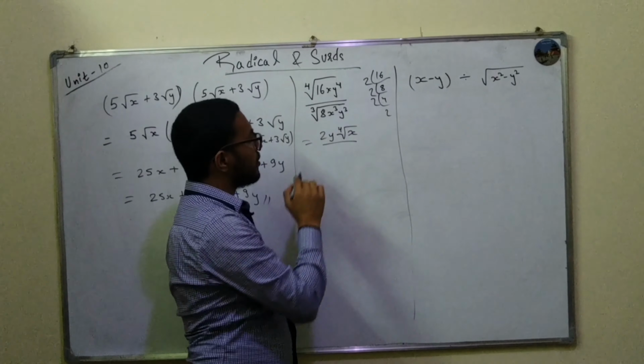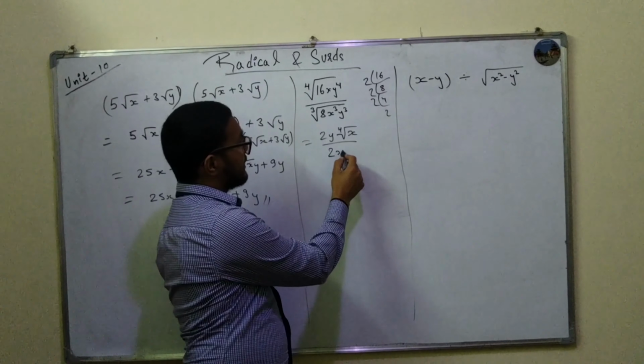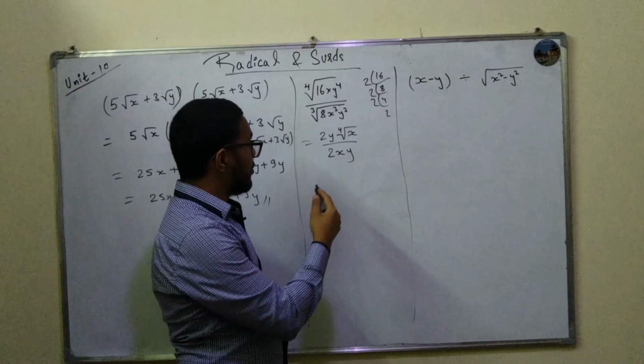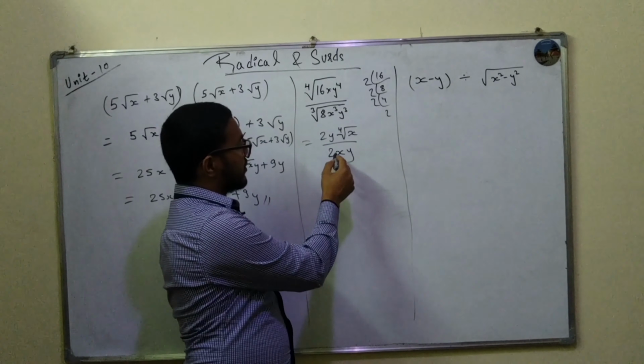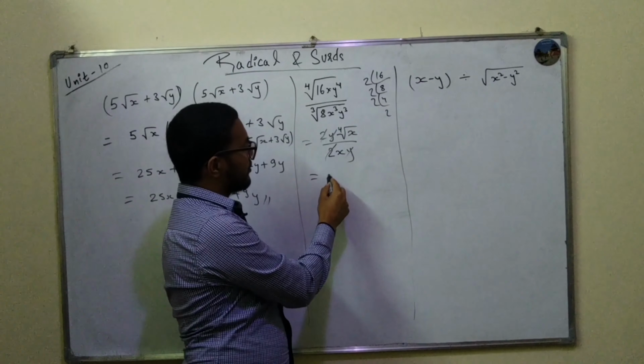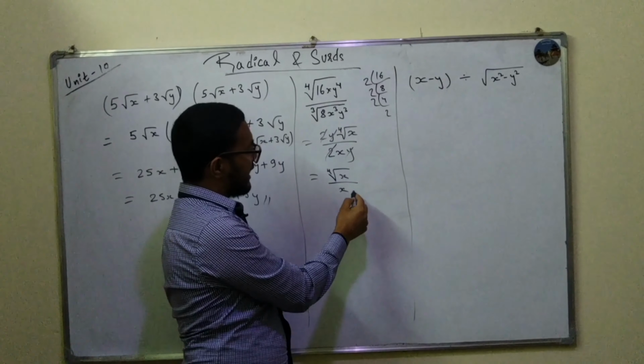What about the bottom one? You will have 2xy outside. After that, you can cancel out 2 and 2, and y and y. So under root 4x by x.